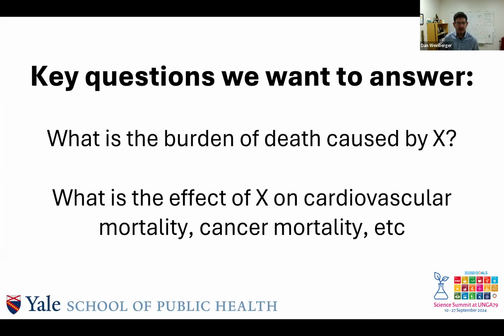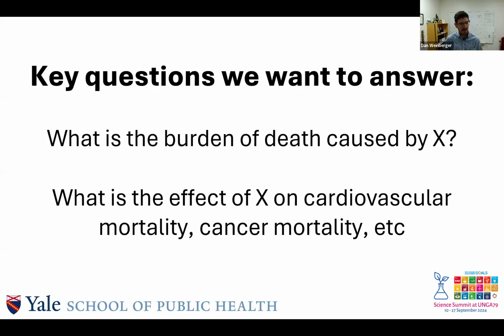So I'm going to zoom out a little bit from what Dr. Flaxman was talking about, moving from the individual level to questions about the contributions of different causes to overall disease burden. The questions that we might want to answer are of the form: what is the burden of death caused by X?